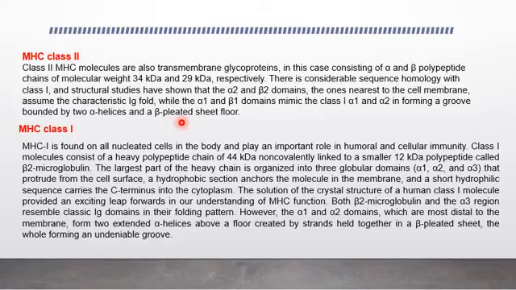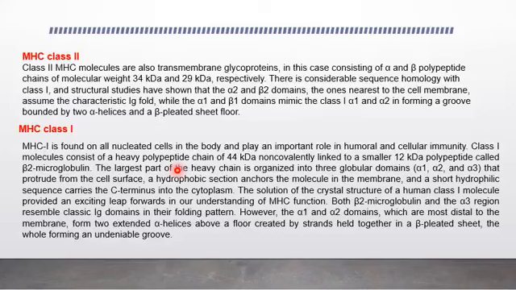So the MHC class 1 is not like the MHC class 2. MHC class 1, and please concentrate on what I'm saying, okay? MHC class 1 is found on all nucleated cells in the body and they play an important role in humoral and cellular immunity.